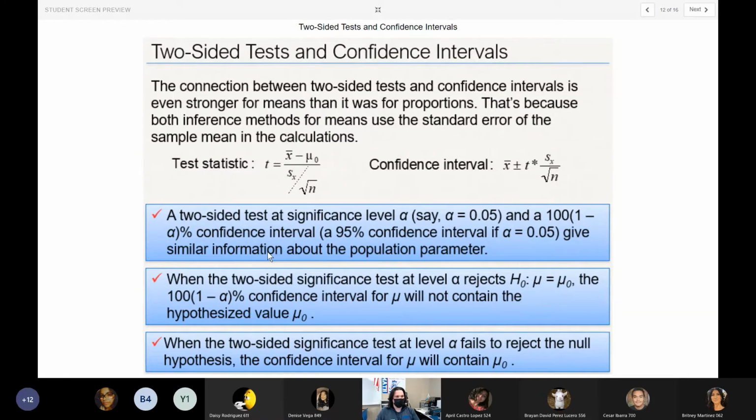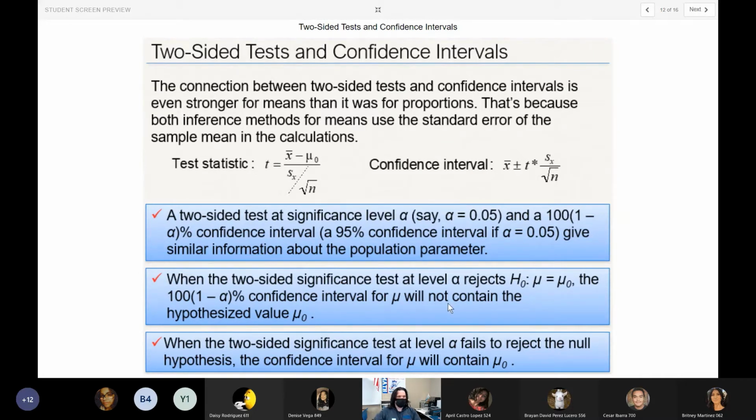Meaning if I know the parameter exists in the confidence interval, then we can start doing other things that these next two checks are about. When the two-sided significance test at level alpha rejects the null hypothesis, the 95% confidence interval for mu will not contain the hypothesized value mu sub 0.